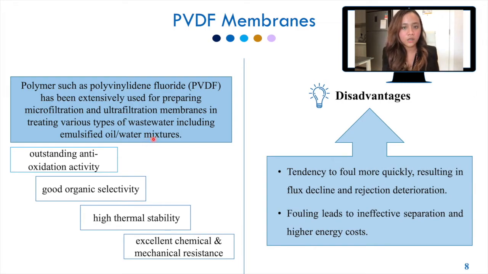PVDF has also attracted most researchers' attention, probably due to its outstanding antioxidation activity, high thermal stability, good organic selectivity, and excellent chemical and mechanical resistance. Unfortunately, PVDF membrane possesses some disadvantages, which include a tendency to foul more quickly, thus resulting in flux decline and rejection deterioration.